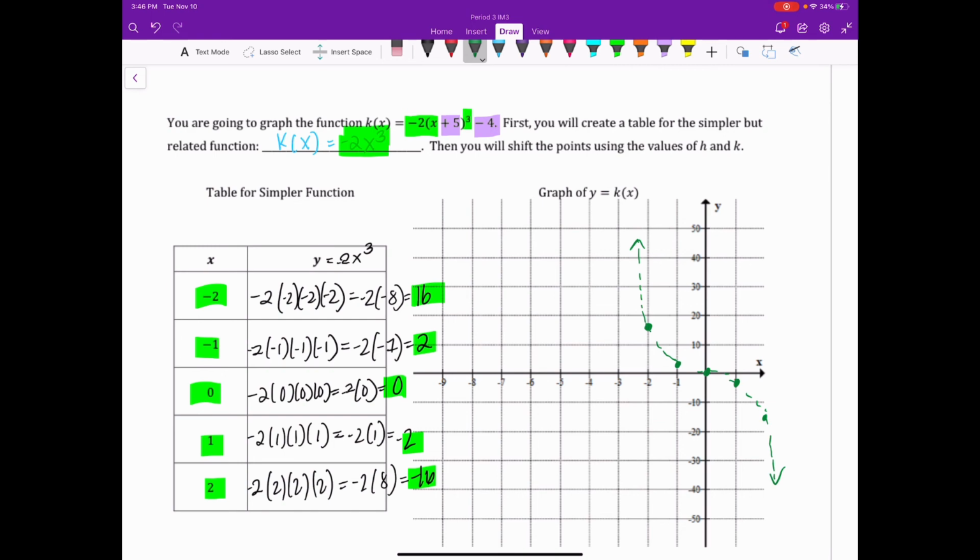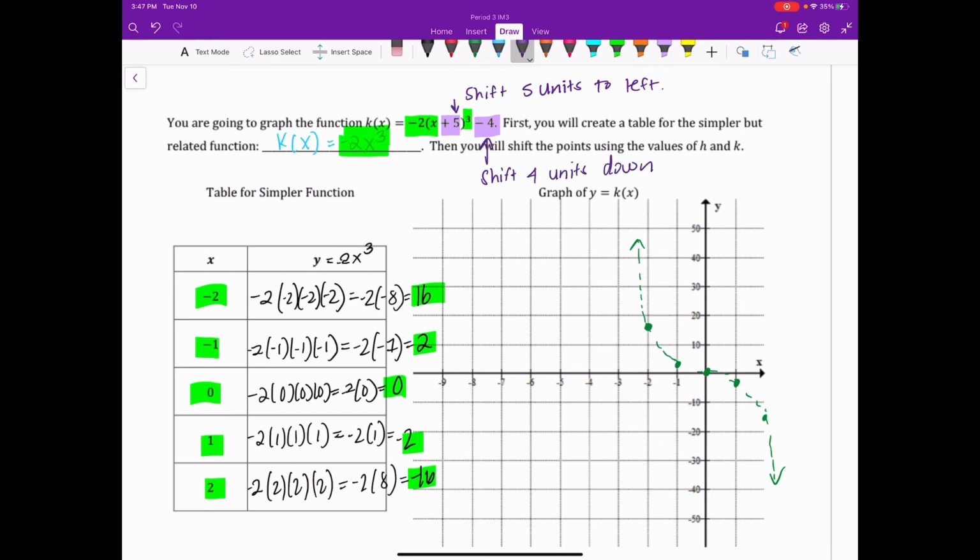So then I need to go back and realize that this here, the plus 5, is a shift of 5 units to the left. And this minus 4 is a shift of 4 units down.